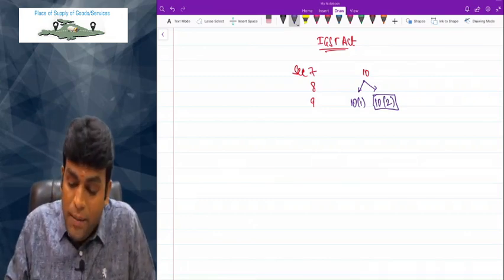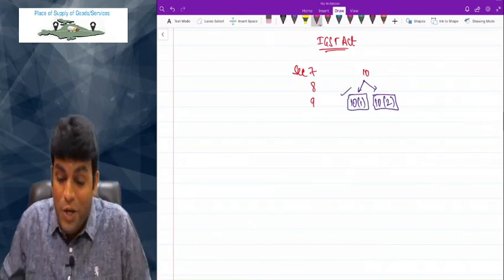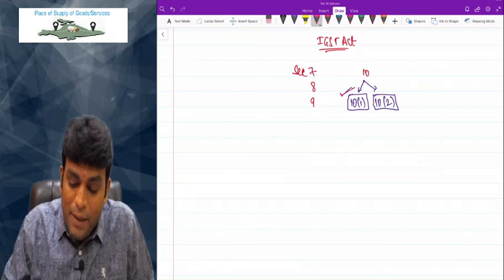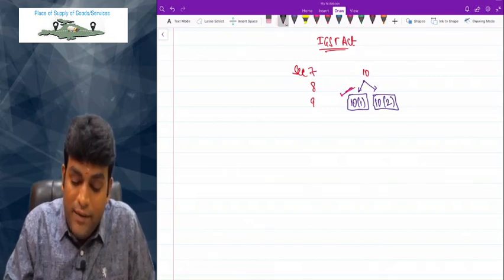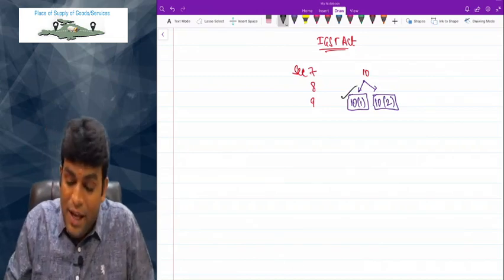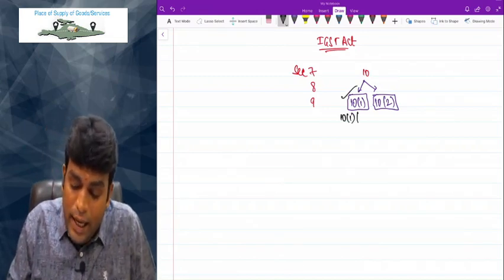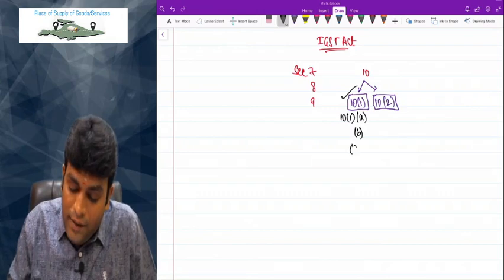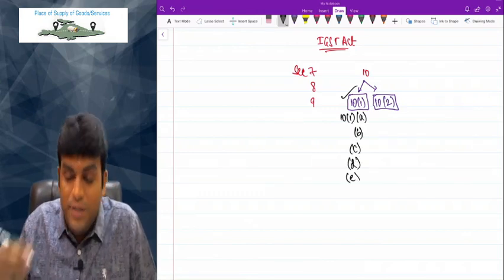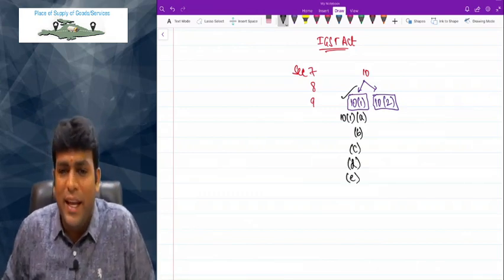And 10.1 talks about how to determine place of supply. Come on, friends. And what does 10.1 clearly say? In that we have got 5 clauses there: 10.1a, 10.1b, 10.1c, 10.1d and 10.1e. What does 10.1a say, my dear friends?